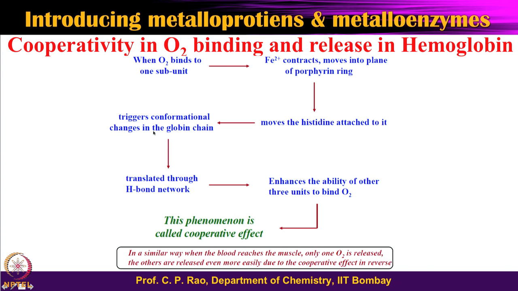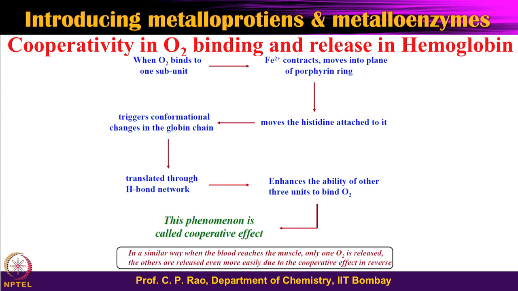And this is the kind of phenomenon. What we are saying is, when one oxygen binds at one unit, the binding affinity of oxygen at the second, third and fourth becomes very high, and therefore such a phenomenon you can call a cooperativity effect. This effect is happening from the heme of one subunit to the heme of the other subunit, and to the other, and the fourth.